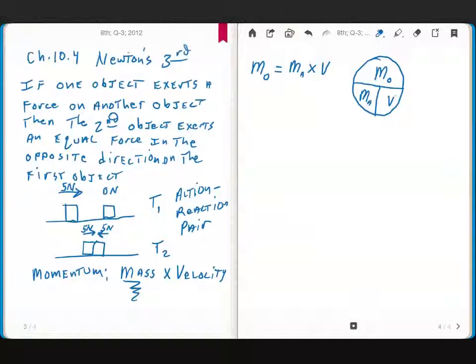So if I had 2 sledgehammers, for instance, and they were hitting each other, sledgehammer number 1 and sledgehammer number 2. The mass of this first one is 3 kilograms. The velocity of this one is 1.5 meters per second.